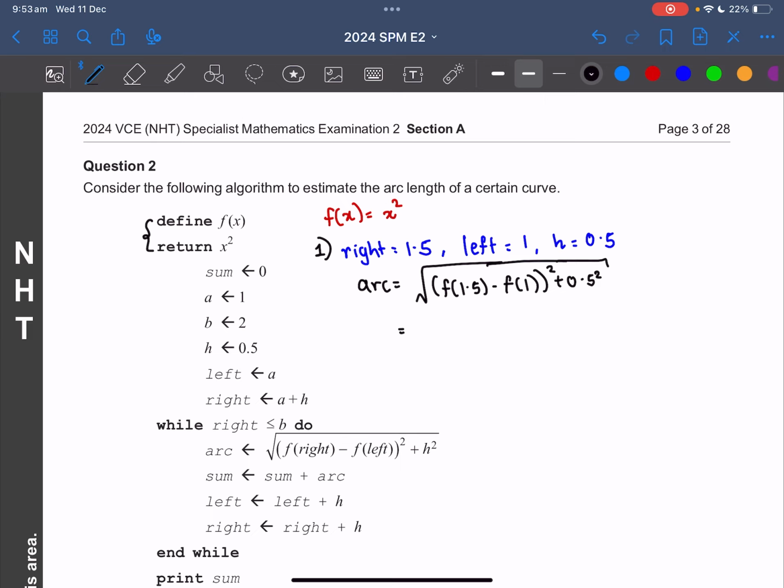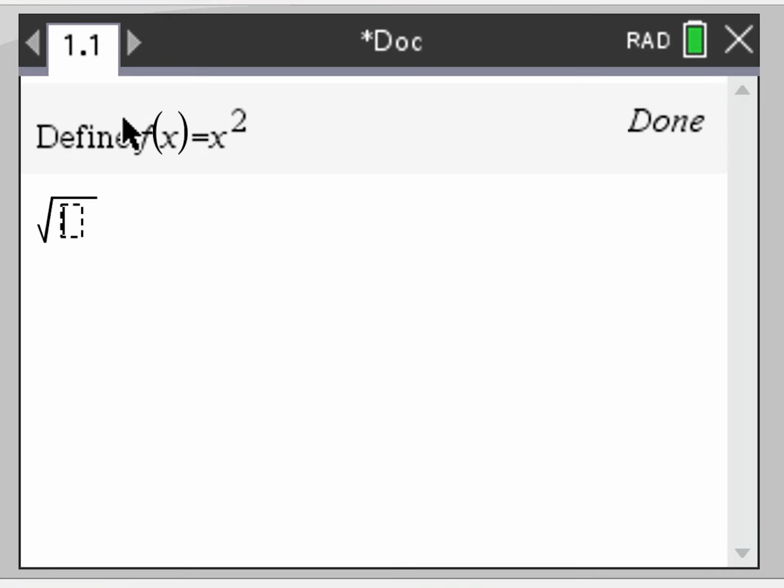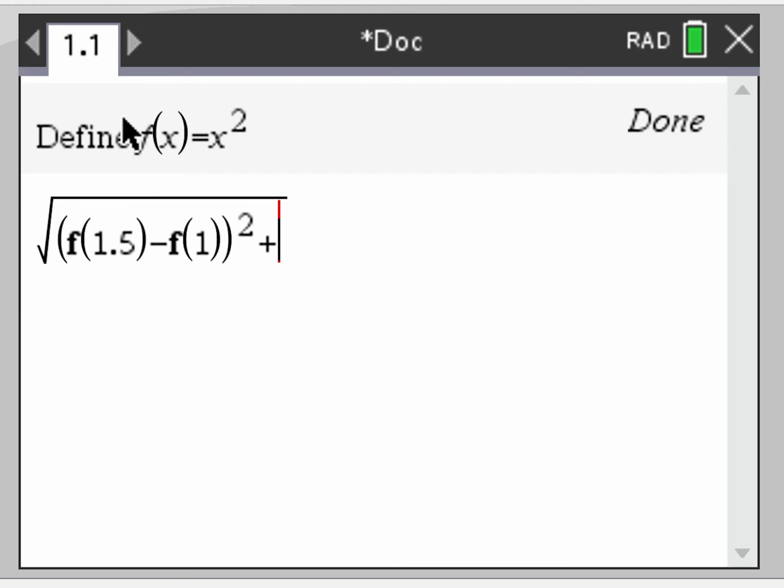So let us find the arc first in our calculator. Define f of x equals x squared, and then we'll have the square root of f of 1.5 take away f of 1, and that thing whole squared, plus 0.5 whole squared.